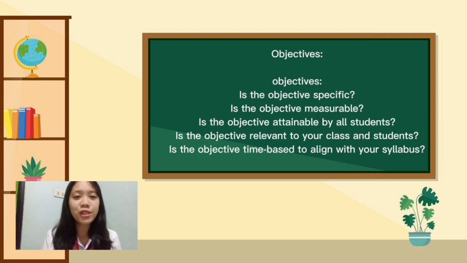For each objective, it's important to start with an action that relates to what students should be able to do after the lesson, depending on what topic you are teaching and the level of knowledge your students have. So these actions will vary.